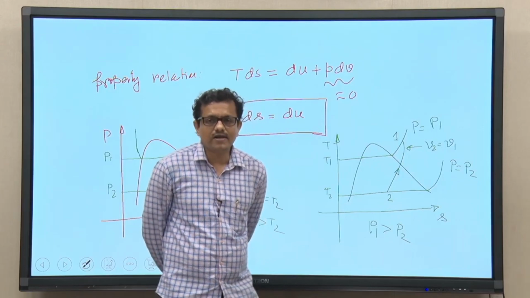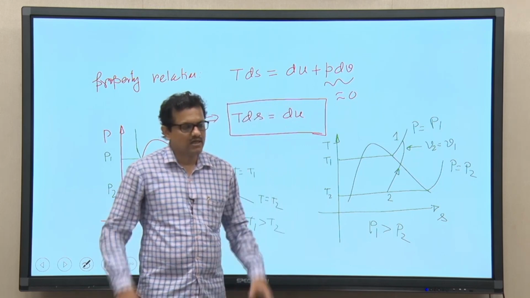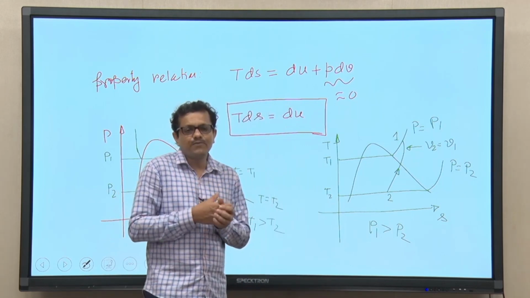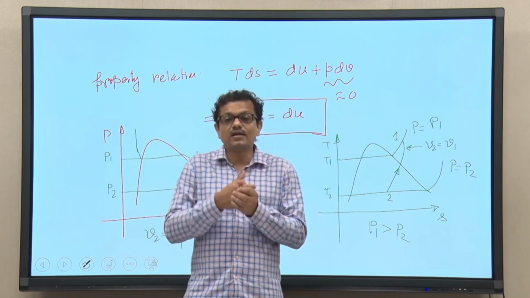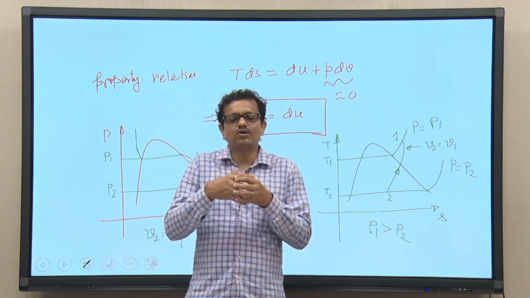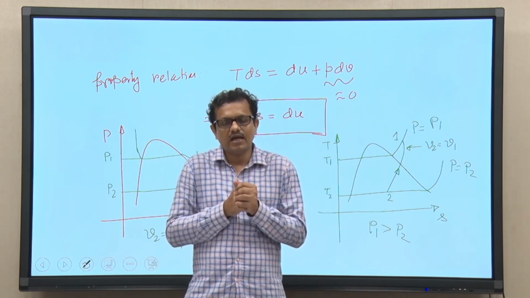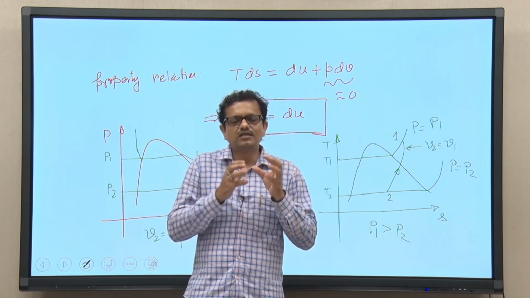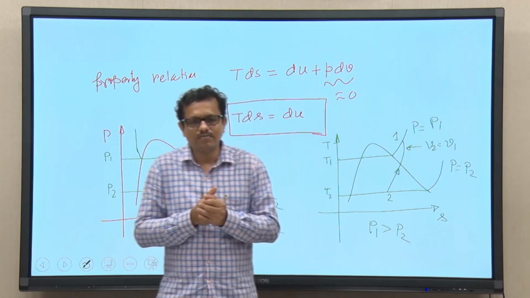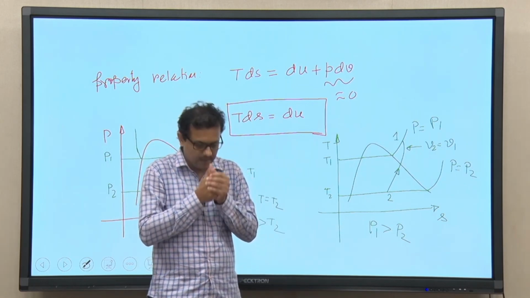Then we moved to figure out a few points which will help us to calculate the overall performance of the system, and we have listed down all these points, which are very much necessary before applying the combined first and second law to any particular process.